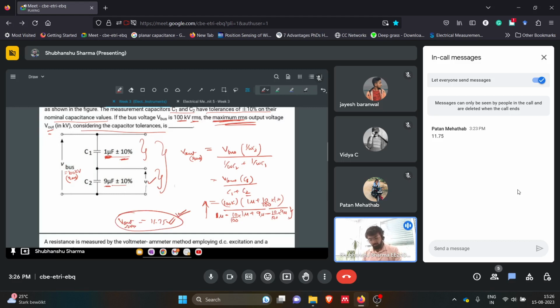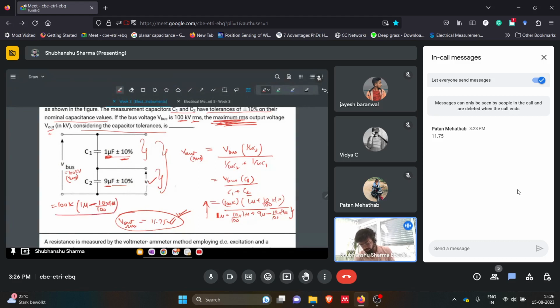Since they were asking for maximum, what if they were asking for minimum? If they were asking for minimum output voltage, then it can go from 100k. So minimum will be what? 1 micro minus 10 percent, because since we have to reduce the overall value, this will be minus instead of plus, into 1 micro, divided by 1 micro plus 10 percent of 1 micro plus 9 micro plus 10 percent of 9 micro.